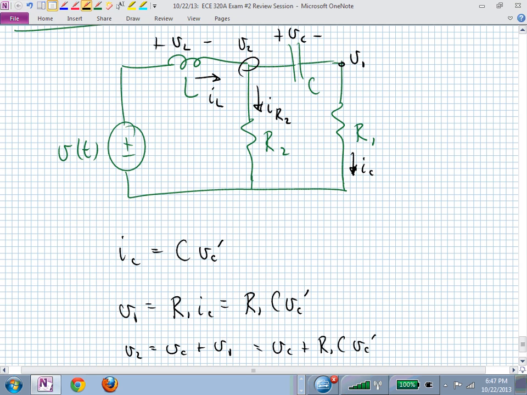I sub L is equal to I sub R sub 2 plus I sub C. Once you have I sub L, you can use ELI to get V sub L. And once you have V sub L, you can do KVL around the big outer loop and say I have minus V plus V sub L plus V sub C plus V sub 1, and you have all of those in terms of your known expressions. And now that's your governing differential equation using the ladder technique.